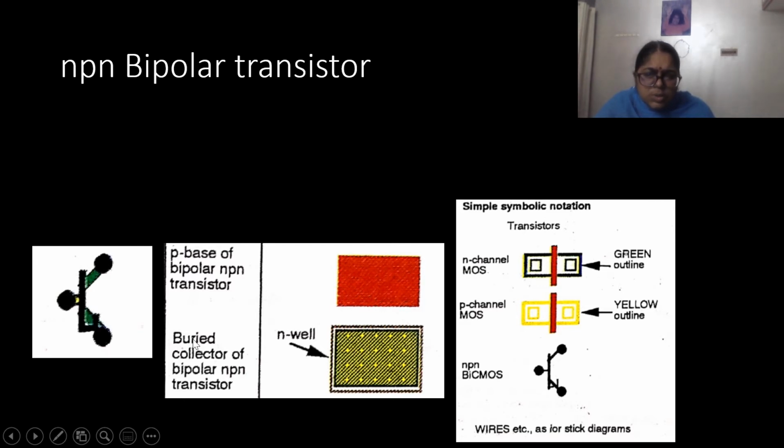This symbol is used whenever BiCMOS circuitry is going to be used. In the mask layout, the red color like this, brownish red, indicates the P base of the bipolar NPN transistor, and this way it indicates the buried collector of the bipolar NPN transistor.